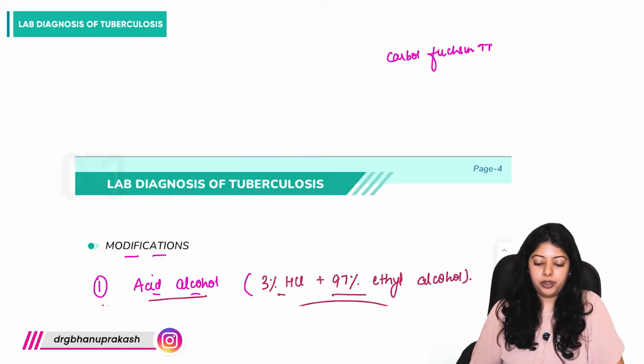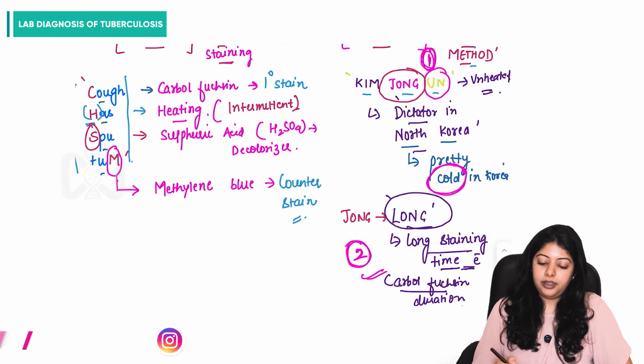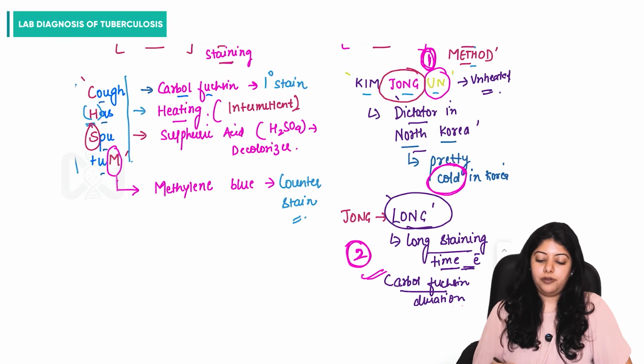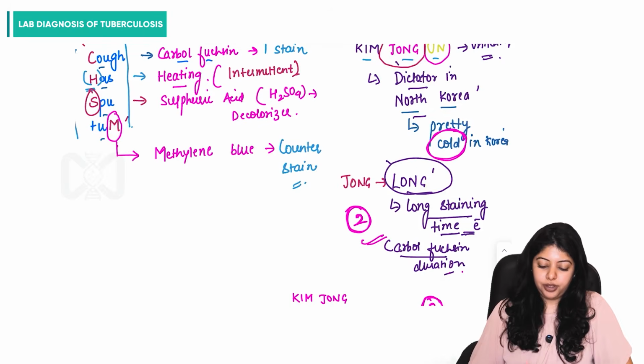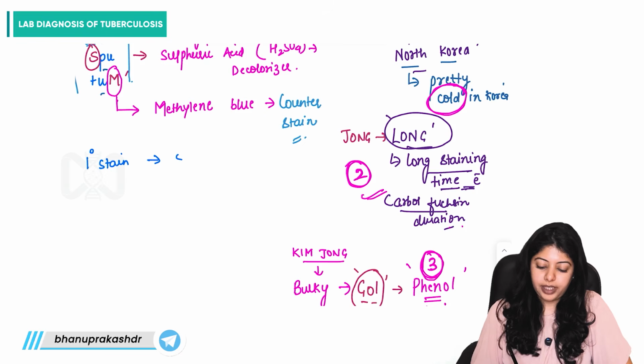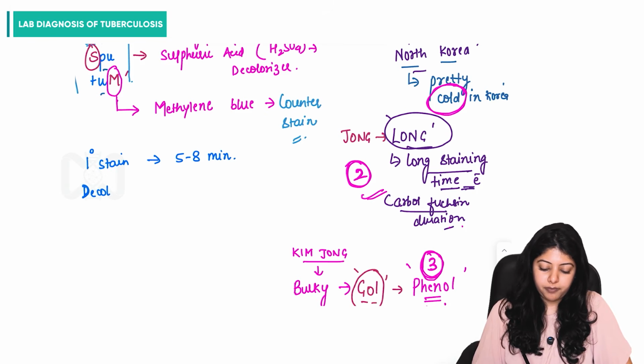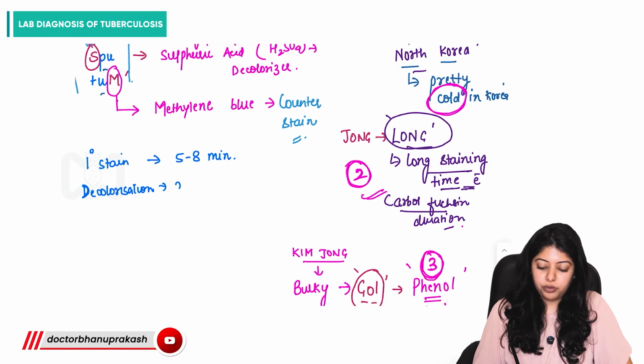Also, one important thing that I forgot to mention about the ZN staining are the time durations. Firstly, carbol fuchsin primary stain, it is done for 5 to 8 minutes. Then decolorization, 2 to 4 minutes.